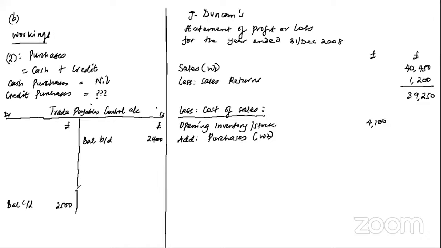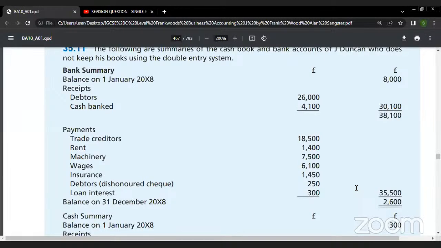And of course, when you look at the question, I saw a discount received somewhere. So we receive the discount from our suppliers. The discount received reduces the creditors account balance, so we have to debit that account with the discount received.